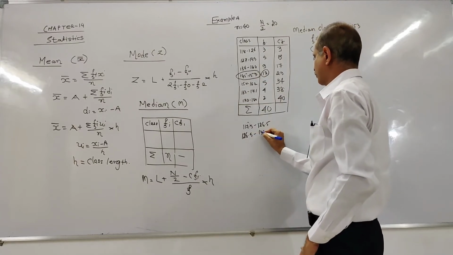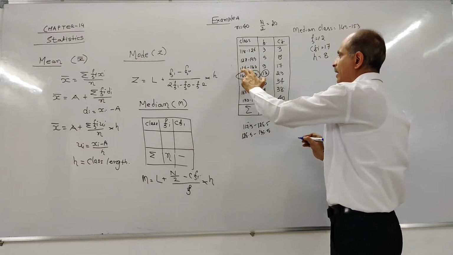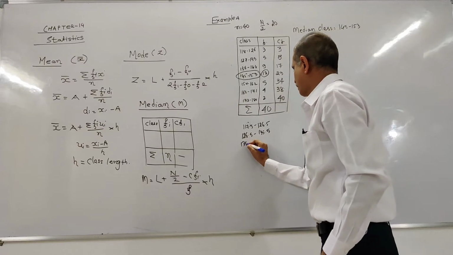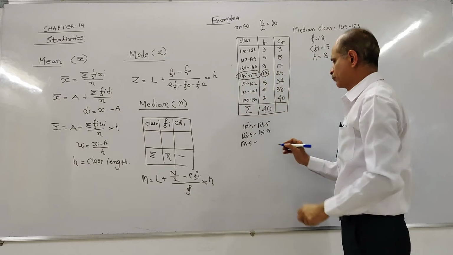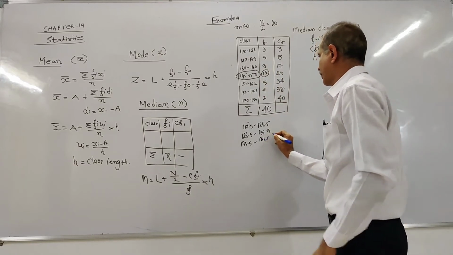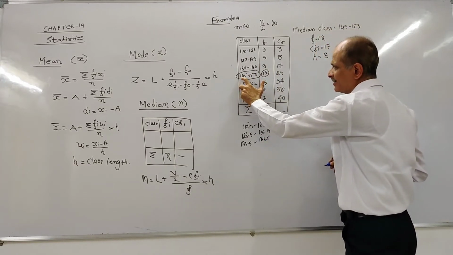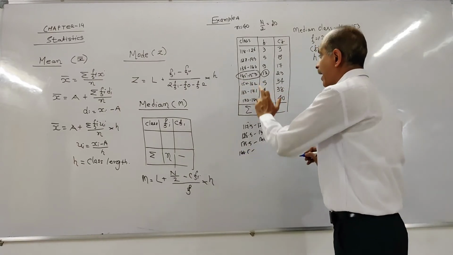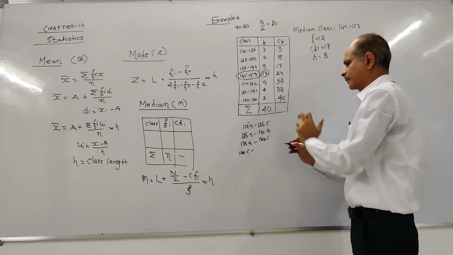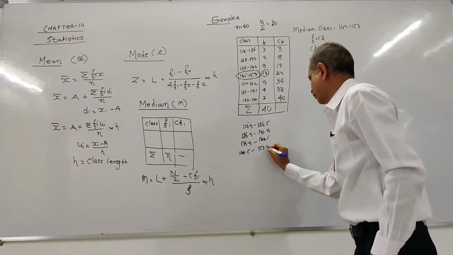Here 135.5, when you add this, so 135.5, add 0.5 here, so you get 144.5. Subtract 0.5 in this lower limit, so you get again 144.5. Add 0.5 in the upper limit, so you get 153.5.